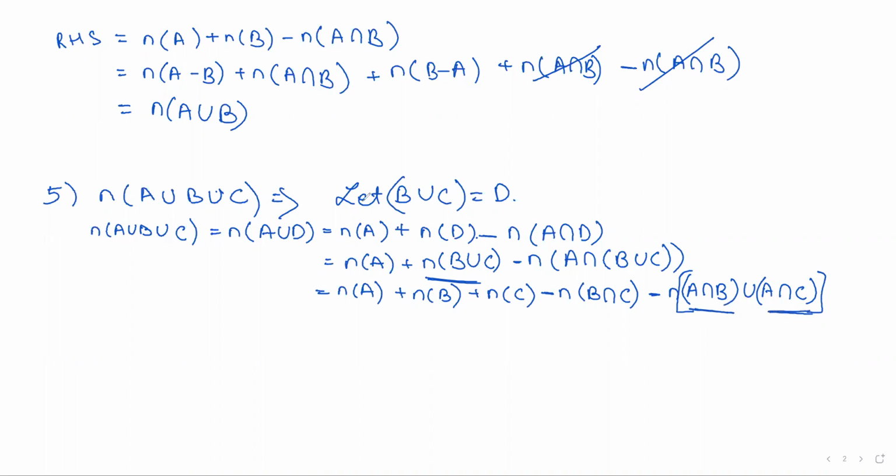Again, you can apply the formula of A union B over here, considering A intersection B as the first set and A intersection C as the second set.